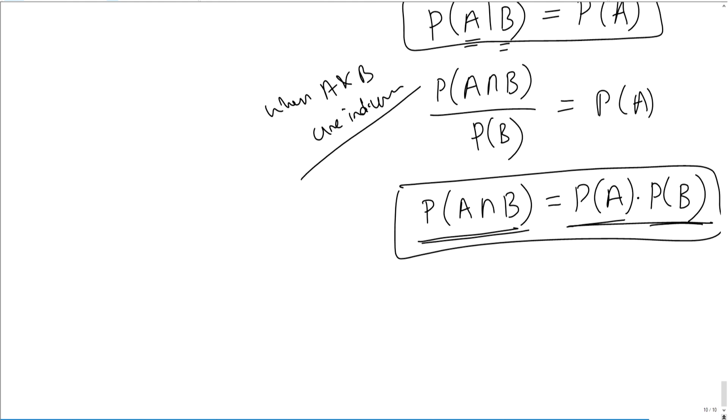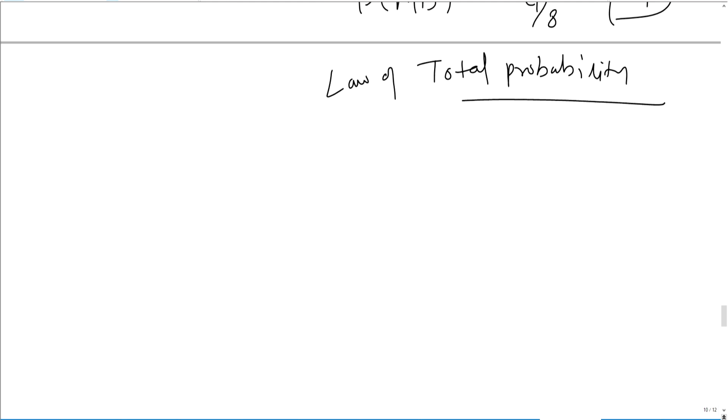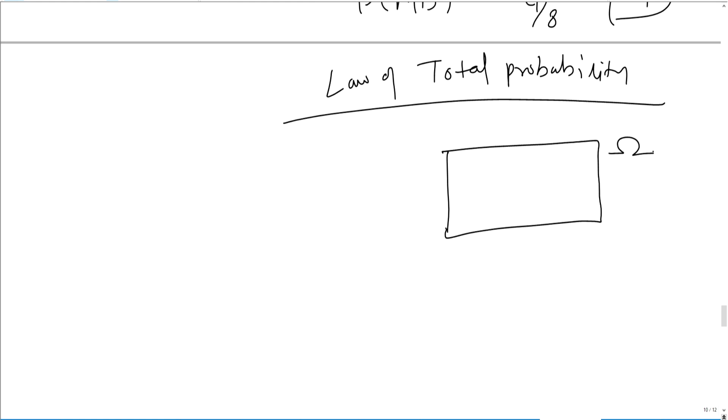All right. Now, there is another very interesting and useful concept, which is the law of total probability. Let us say this square rectangle represents your sample space omega.